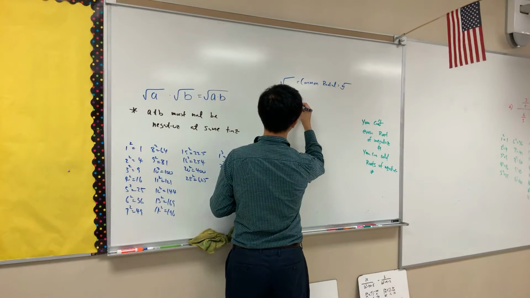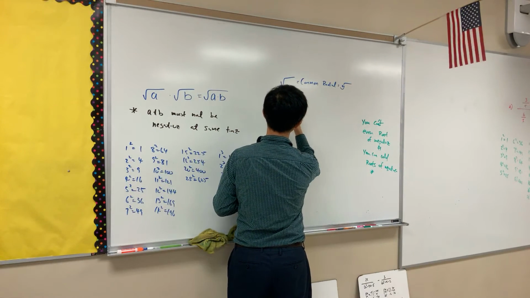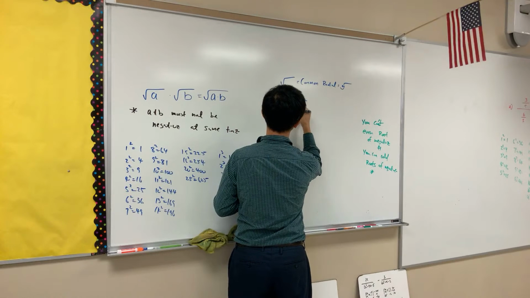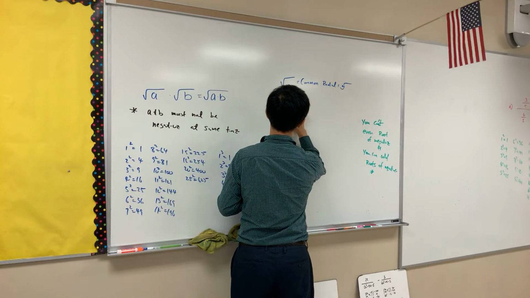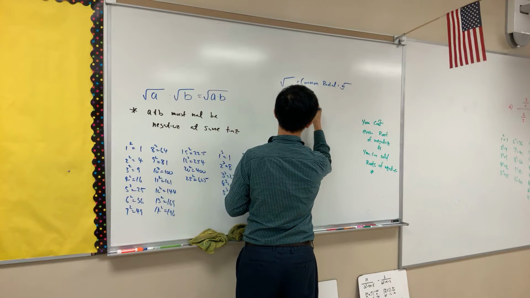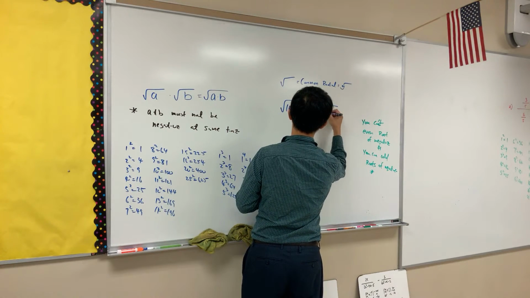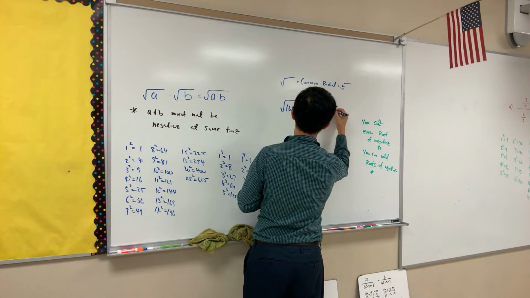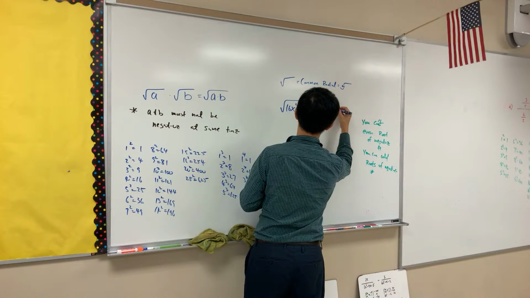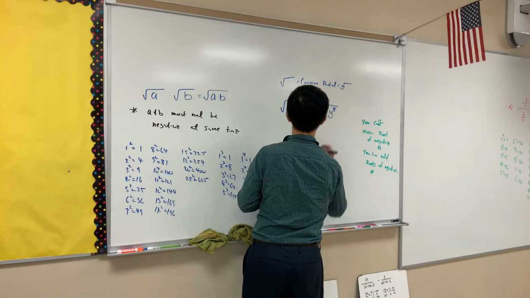Okay, so this is what I want to say. 16x to the 4th times 16x to the 4y to the 3rd times 3x squared y to the 8, something like that.